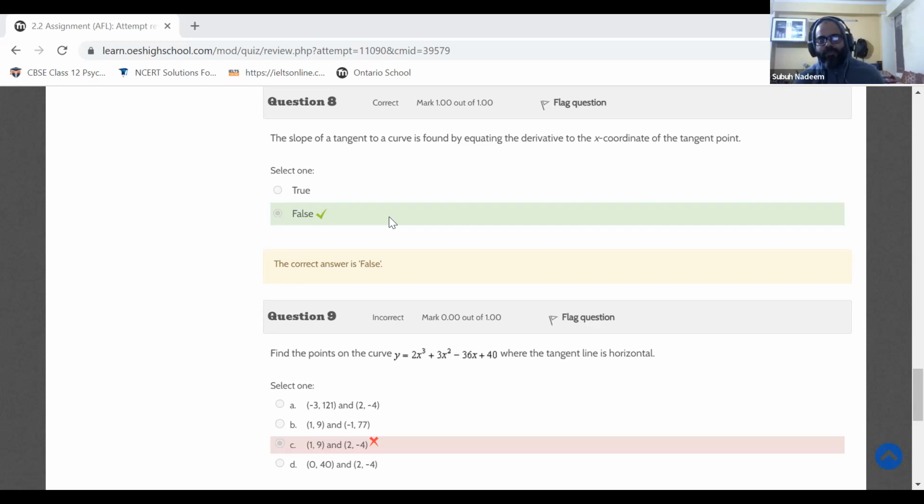Getting the point? How do we get slope? If you just think about it, you first differentiate. After differentiating, you put the x value there, as you did just now also. So this is what we do. We don't equate it to the x coordinate. Instead, we put the x coordinate in the derivative. That's why it is called that. Next one.